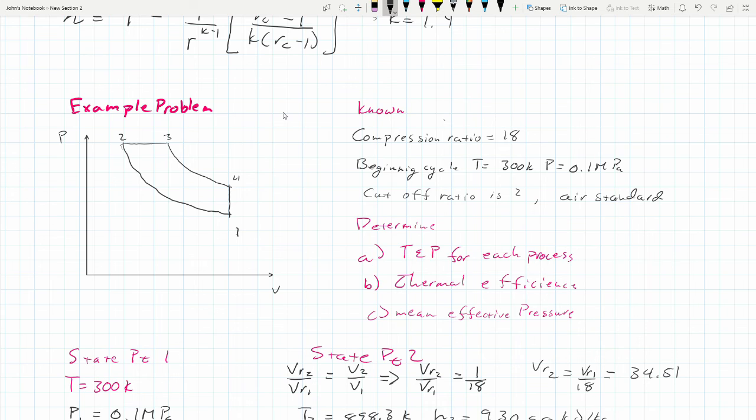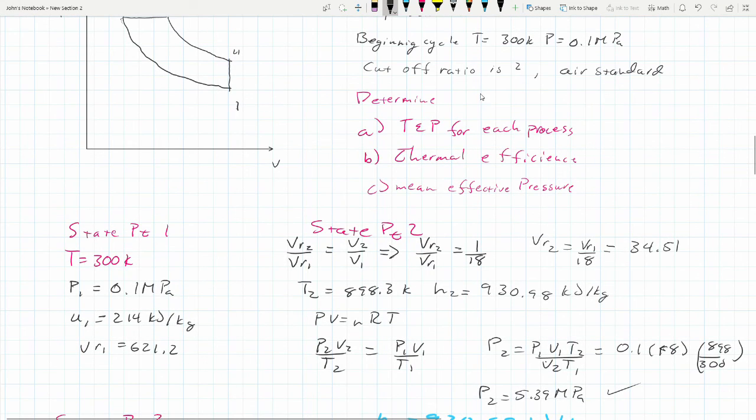Not cold air standard, but air standard. A difference in that one word dictates what equations you can use when analyzing the system. It's annoying, I know, so please read carefully. You do not want to, for example, fail an exam or fail an analysis because you did not read the word cold. So read very, very carefully.